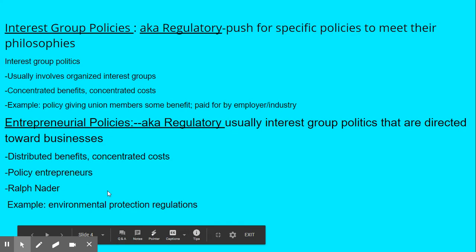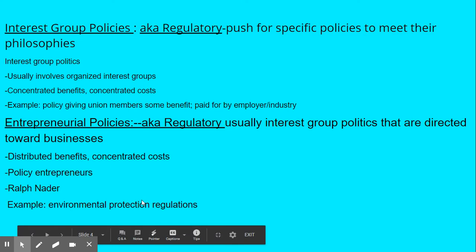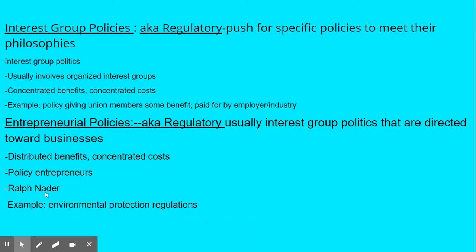He ran for president, but he was very big on getting things passed that benefited consumers, and he was also into the environment as well, but mainly he focused on benefiting the consumer. Okay, and having whatever that particular industry was pay for it, right?